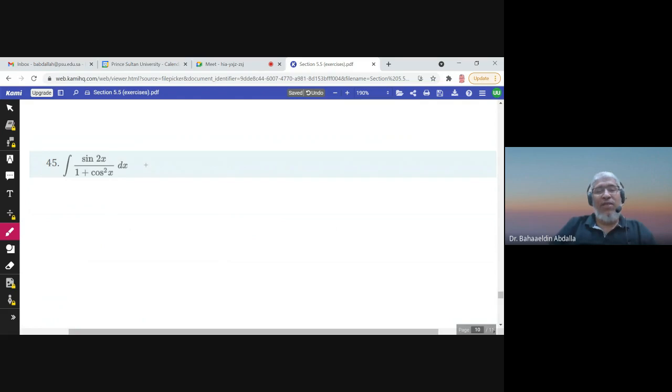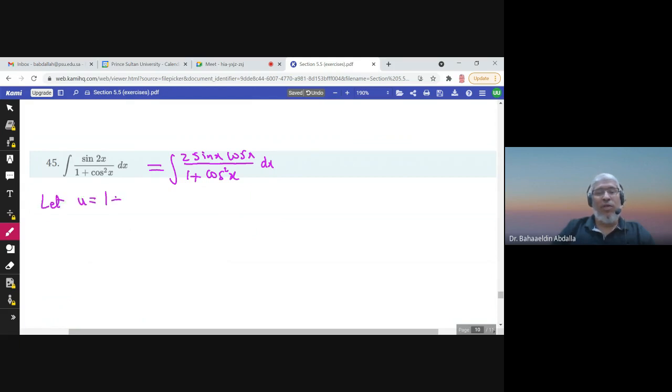Well, first I will write this integral as sine 2x is 2 sine x cosine x. This is a formula. And now I'll take 1 plus cosine square to be u.